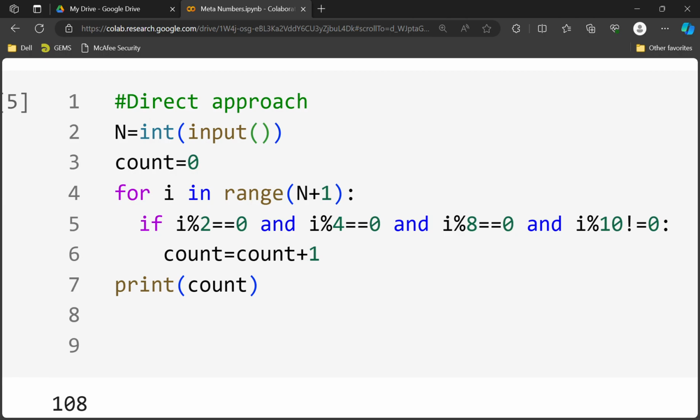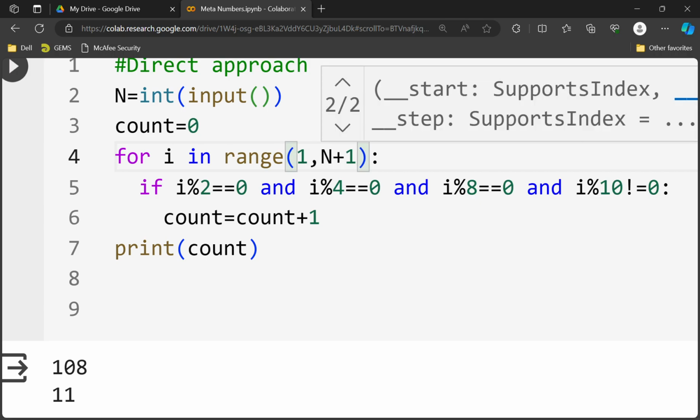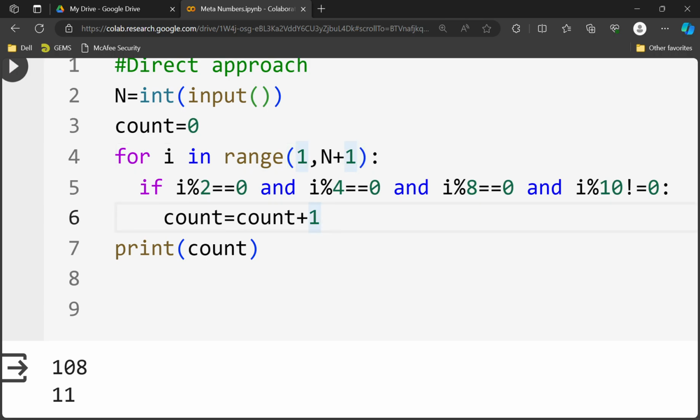So count is initially taken as 0. Then we will proceed from 0 to n plus 1. Here I have given 0, no problem. Even we can start with 1. As they have mentioned, n ranges from 1 to 10 power 9, let me start with 1.